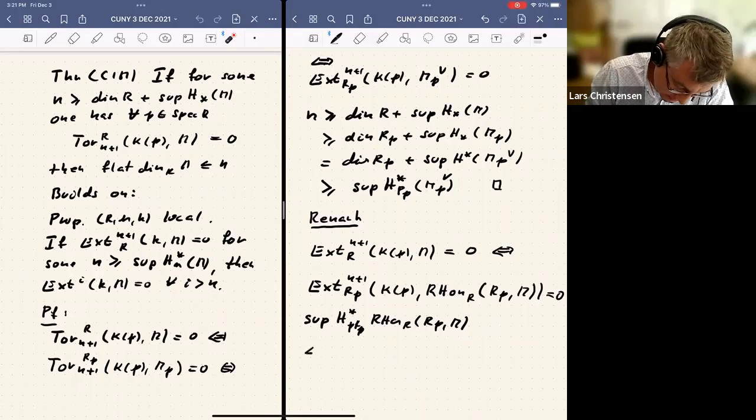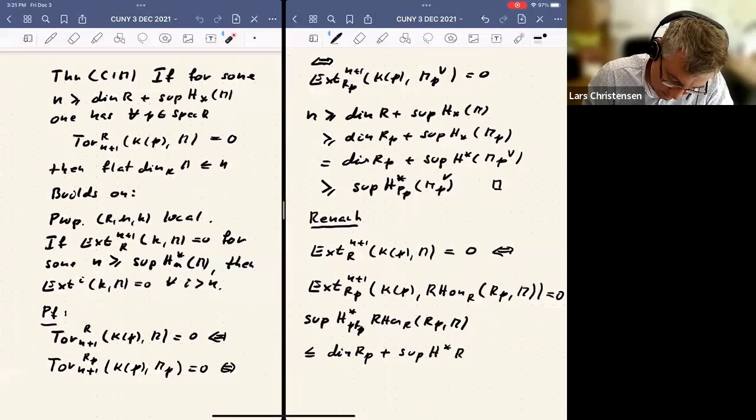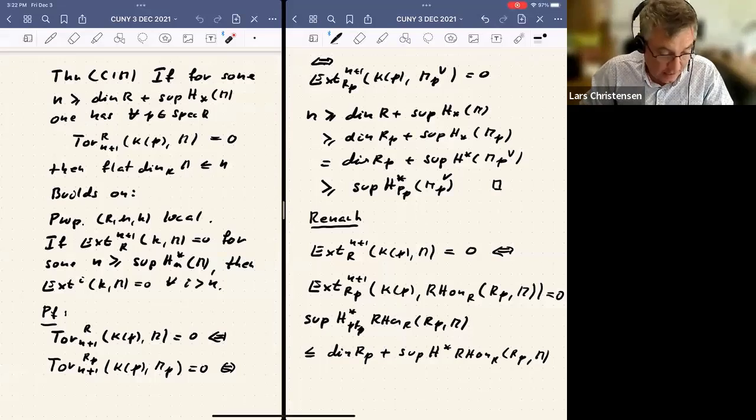Well, I'll get that this is less than or equal to the dimension of Rp plus the cohomological supremum of this derived completion. And what can I say about that? Well, I mean, in general, not too much.